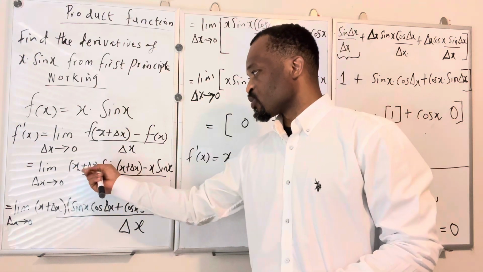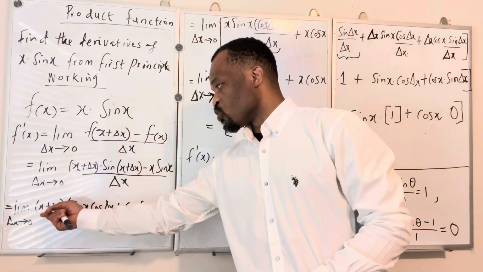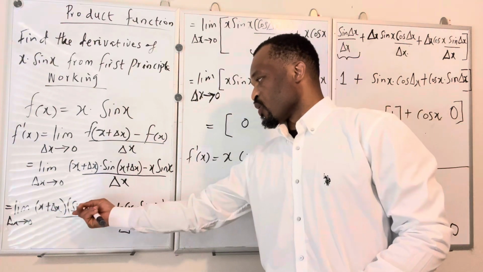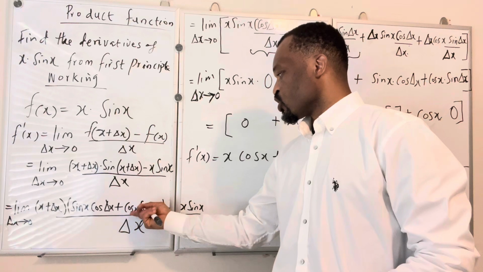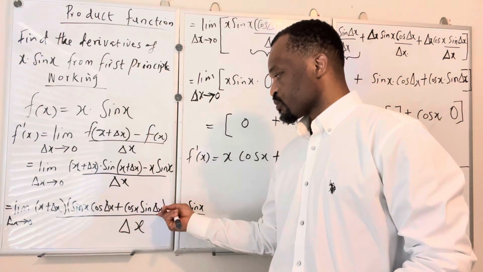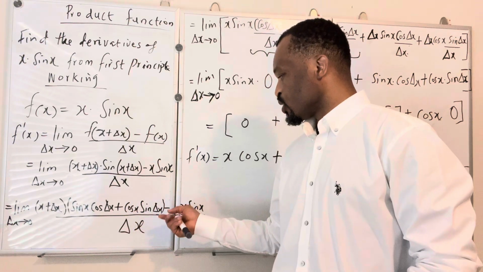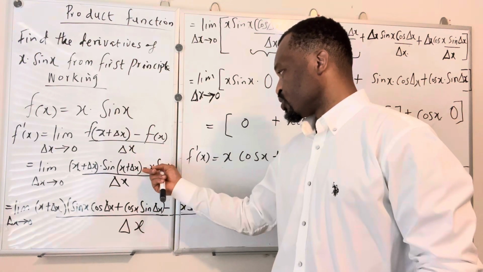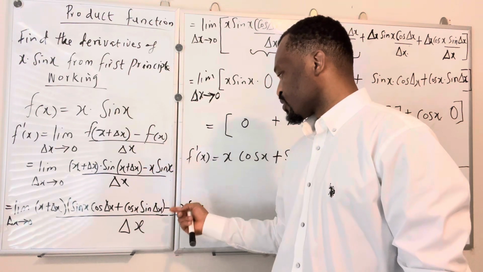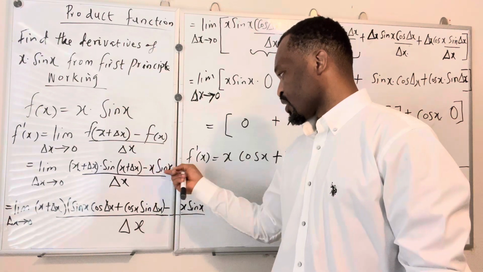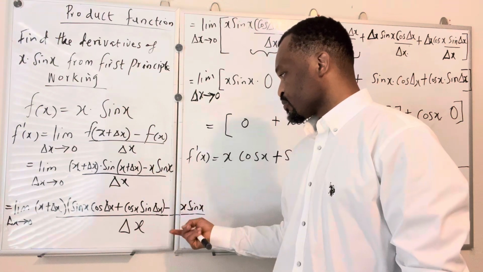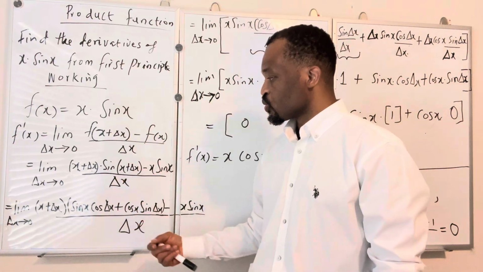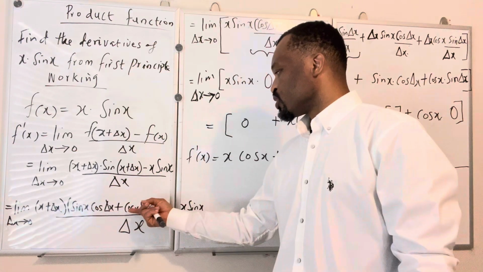We'll bring down our x plus change in x here, and multiply it with the angle formula identity. Then we bring down minus x sine x, and also the change in x. We'll multiply this expression with this expression here.